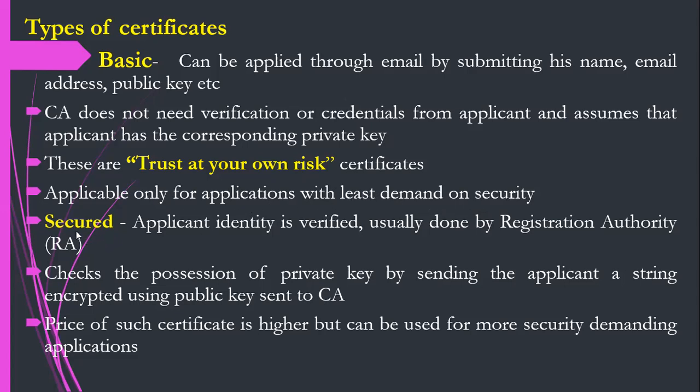Next you have the secured one, where the applicant's identity is verified. Strict verification is done here, usually by the registration authority, called the RA. Like when you apply for a CET seat, all your mark cards, 10th and second PUC, will be verified. It also checks possession of the private key by sending the applicant a string to be encrypted using the public key sent to the CA.